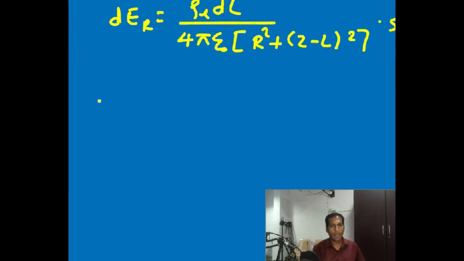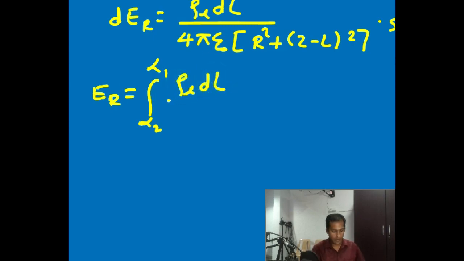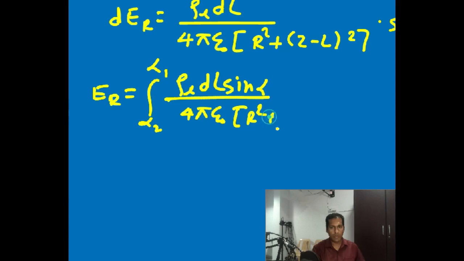So then ER equal to alpha 2 to alpha 1. So here we'll have the numerator rho L dL sine alpha by 4 pi epsilon naught r square plus z minus L whole square.